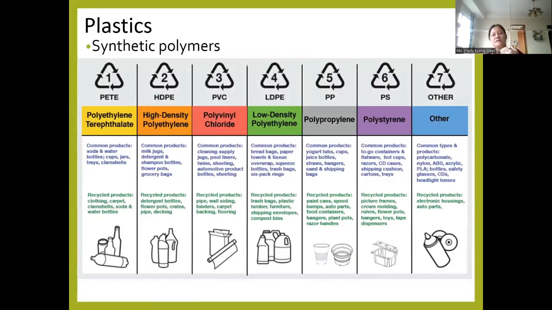Plastic is actually a synthetic polymer. All plastic is polymer. Usually it's made from fossil fuels, so that's why it's non-renewable and needs to be recycled. There are several types of plastic depending on the recyclability of the plastic and on the monomers.